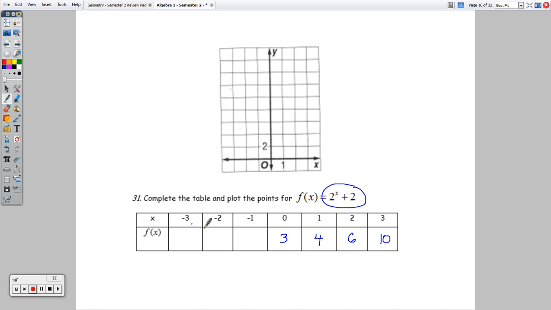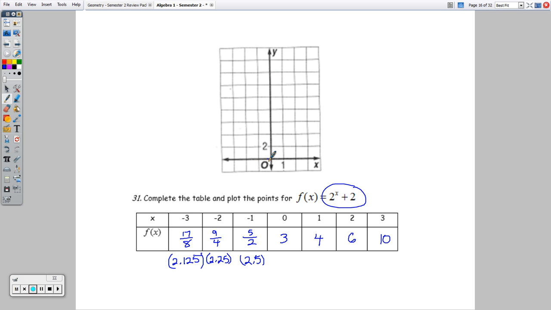This would be 6 and 10, and then going the other direction, this was 5 halves, 9 fourths, 17 eighths. This is about 2.125. It's exactly that. This is 2.25, and this is 2.5 down here. That will help us graph this a little easier. So negative 3, looks like my scale is going by 1 along the x-axis, but by 2 along the y-axis.